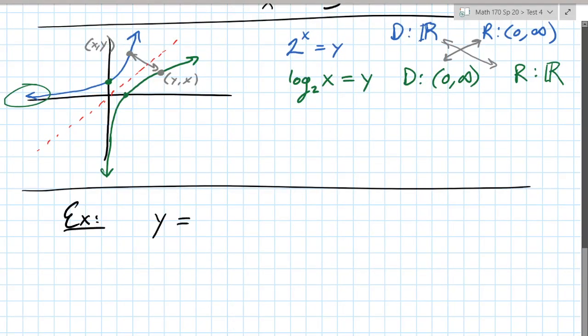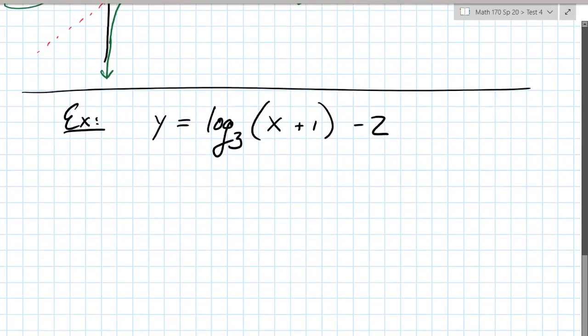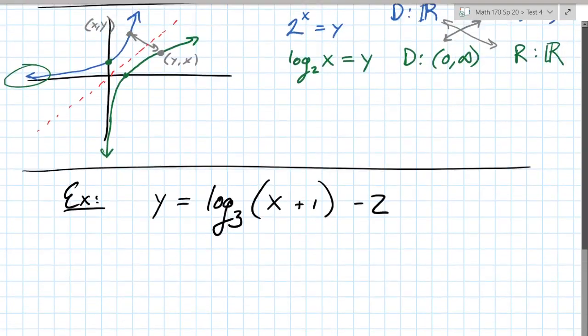If we have y equals log base 3 of x plus 1, minus 2, we know the basic shape of a logarithmic function looks like the green sketch up here. The 3 is going to determine whether or not it's more steep or more flat.